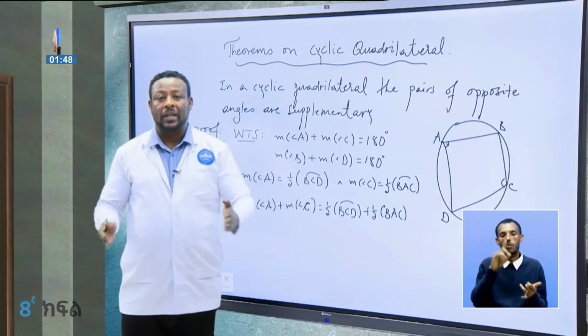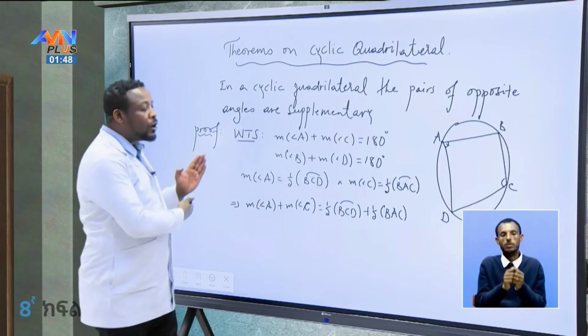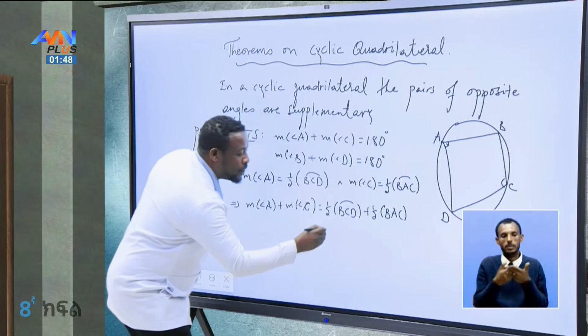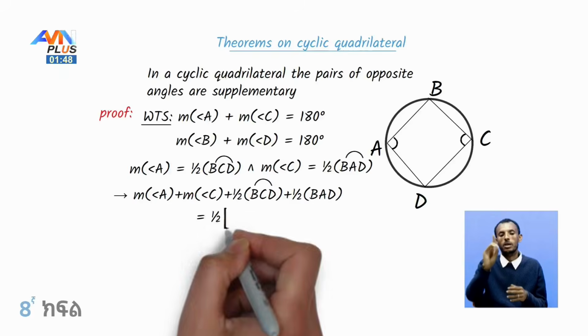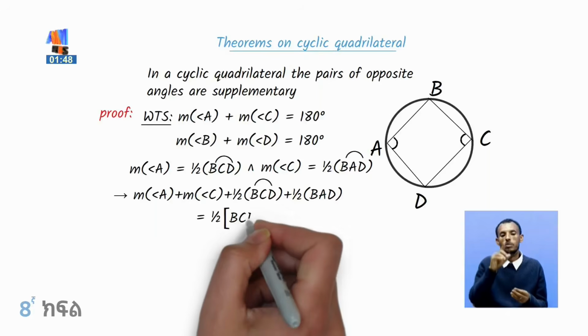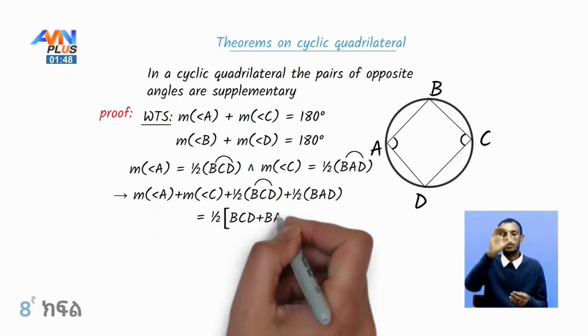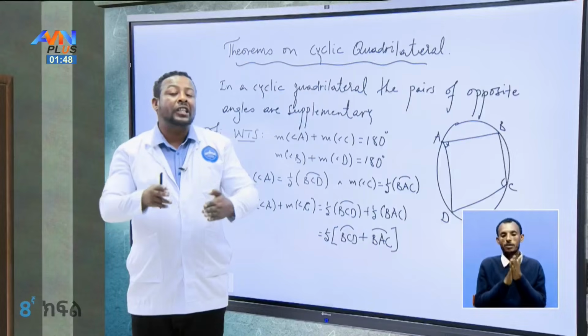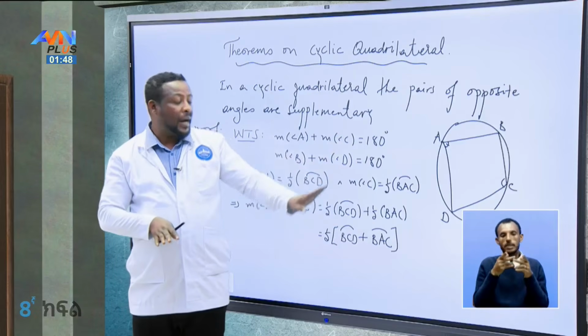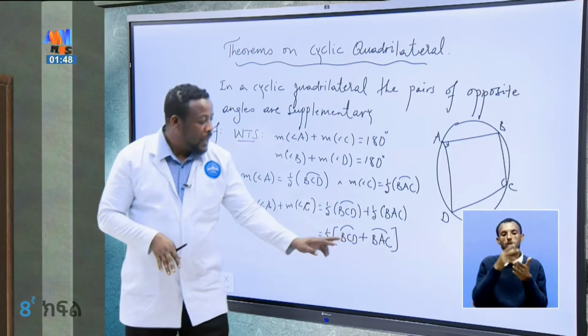Half is common in both, so you can take it out. So this becomes half of BCD plus BAD.